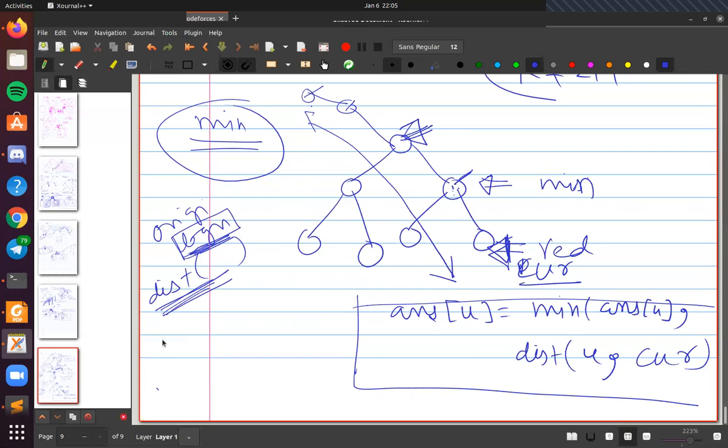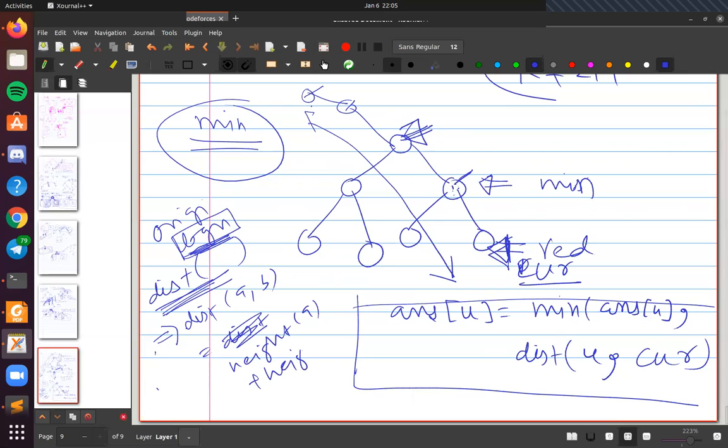I am assuming that you know that the distance from A to B is height of A plus height of B minus 2 times the height of the LCA of A and B. This is the LCA of the original tree; don't confuse it with the centroid tree.